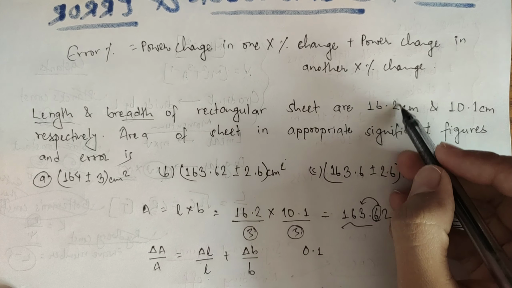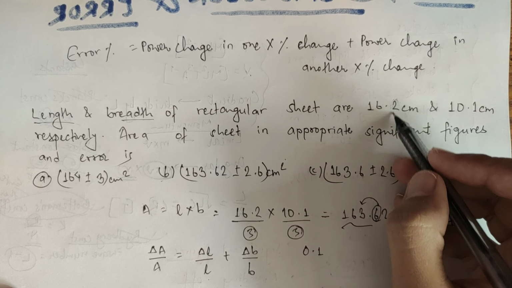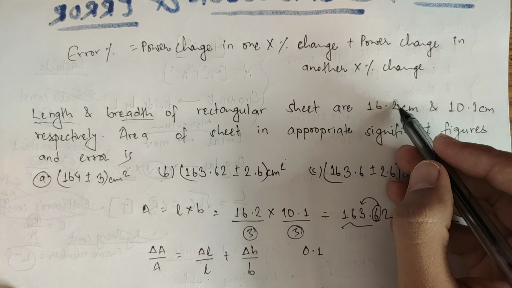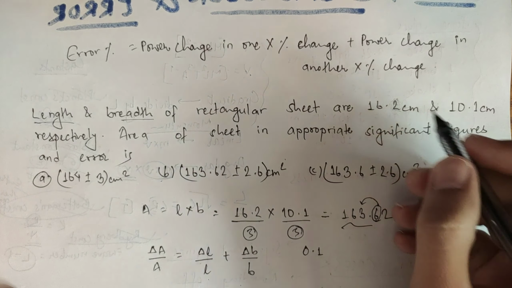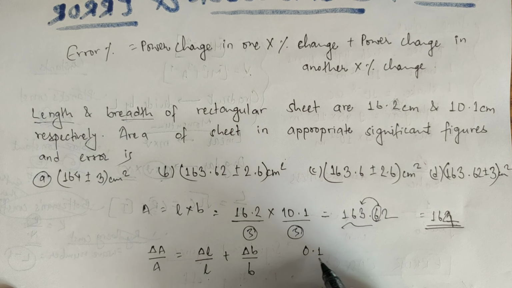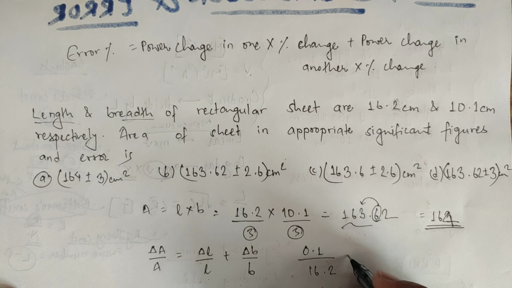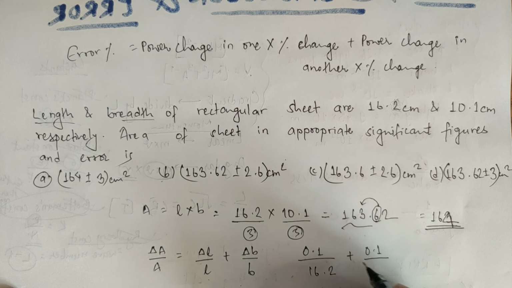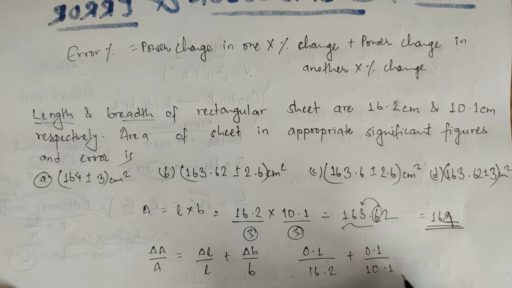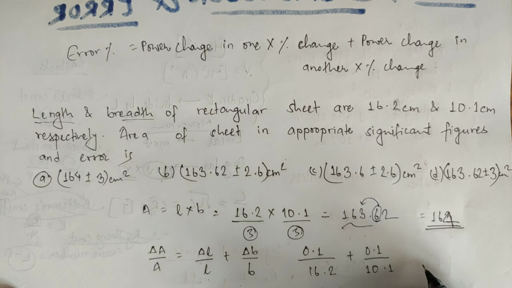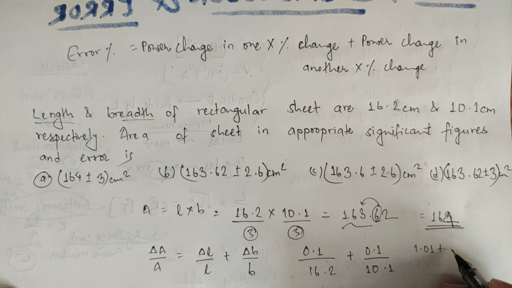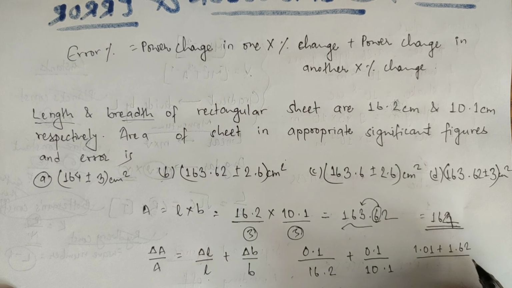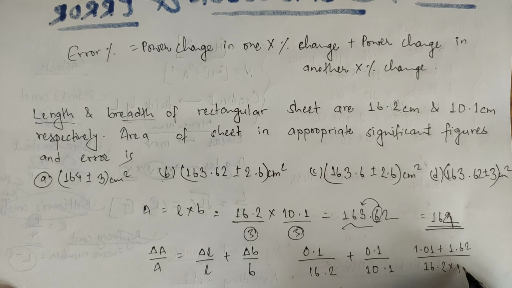The error should be the same digit as the last, so if it had been 2 then it would be 0.002. So 0.1 by 16.2 plus 0.1 by 10.1. If you cross multiply, it will be 1.01 plus 1.62 by 16.2 into 10.1.